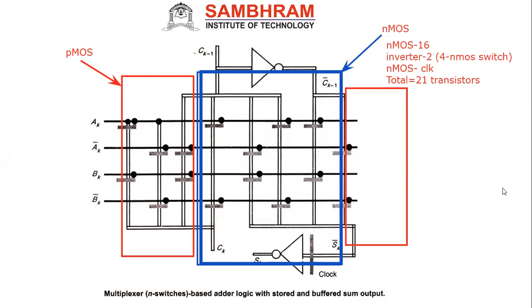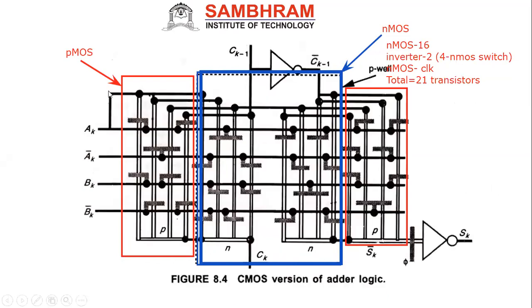But at the same time, when I go for CMOS, how many are required now? For NMOS itself, NMOS is 16, then PMOS is 16. Then inverters, how many inverters? 2 inverters. Then clock, for clock also one NMOS, that is one NMOS for clock.